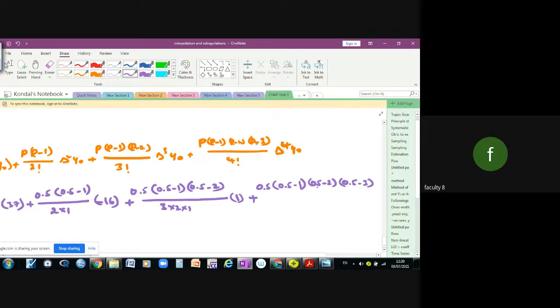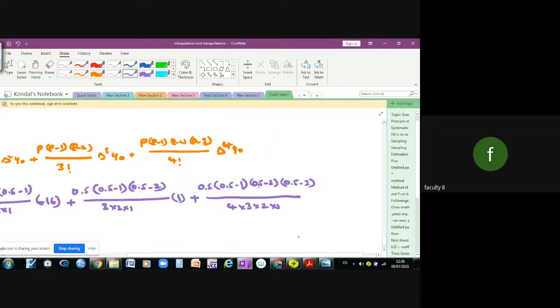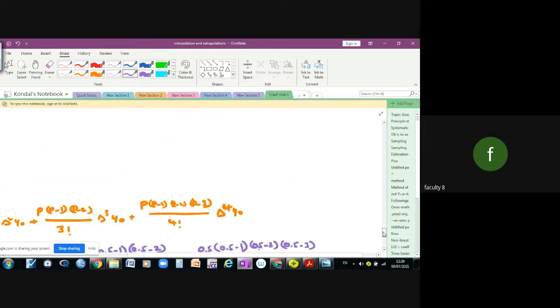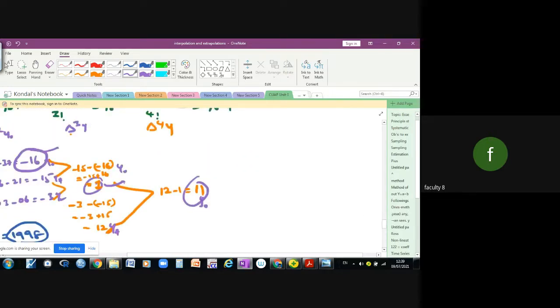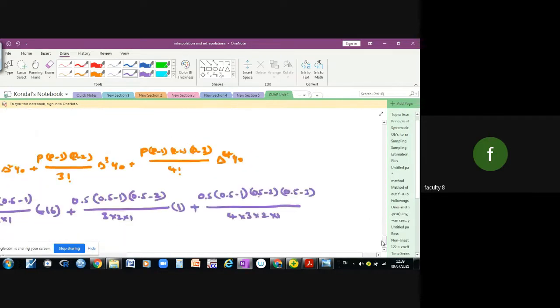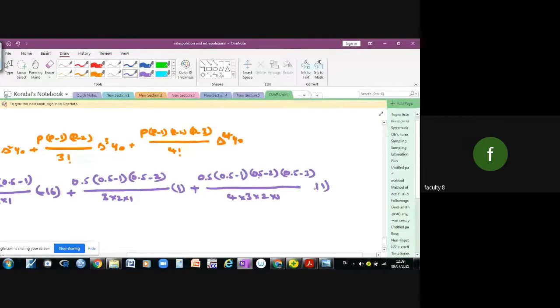We have the p up to p minus 3, right? Divided by 4 factorial, that is 4 into 3 into 2 into 1. Then delta 4 y naught. So we have that difference, 4 difference. How much we got? 11. So we can add here 11.